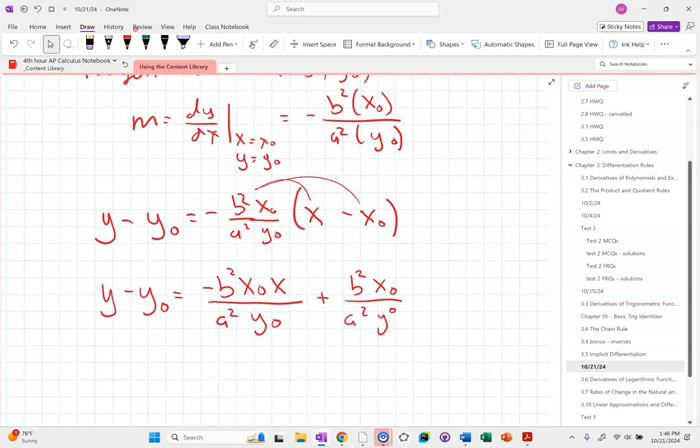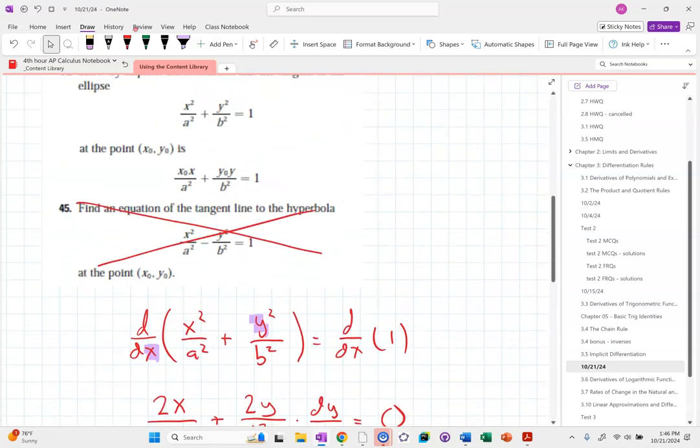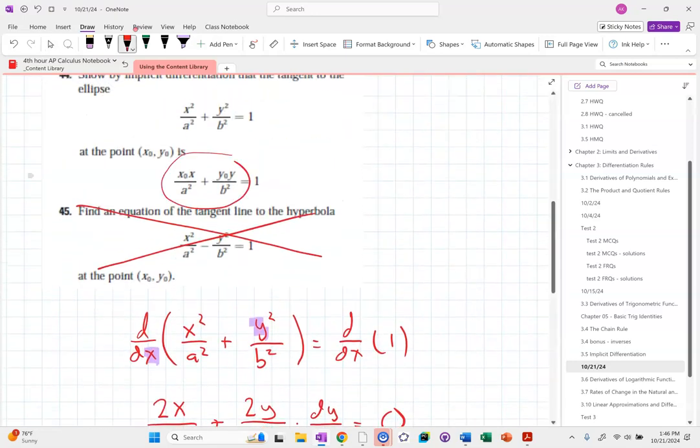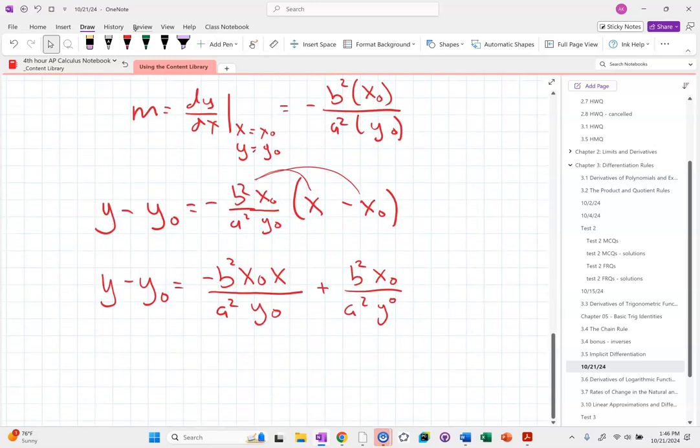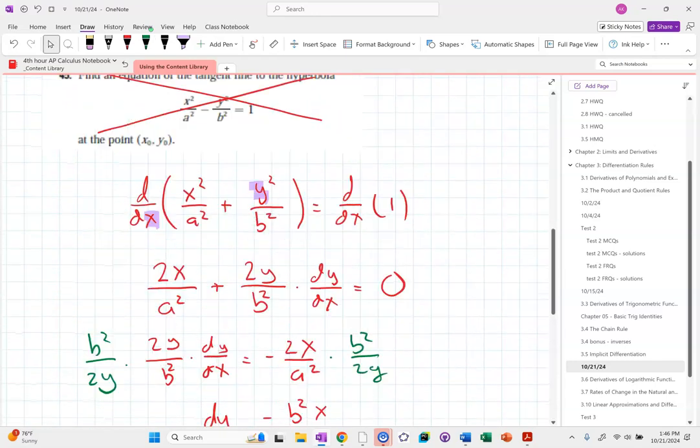And now let's see here. I'm going to take a look here and notice that the only thing in my denominators are a squareds and b squareds. So what I'm going to do is multiply both sides by a squared. That'll cancel out the a squareds in my denominator.